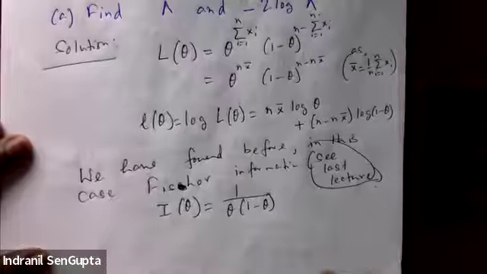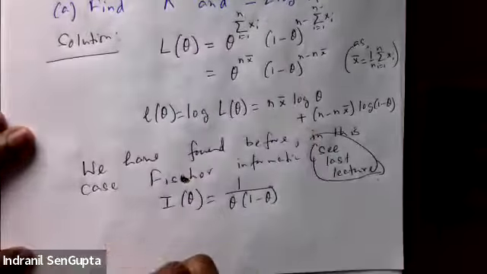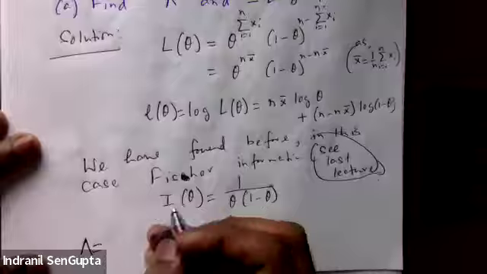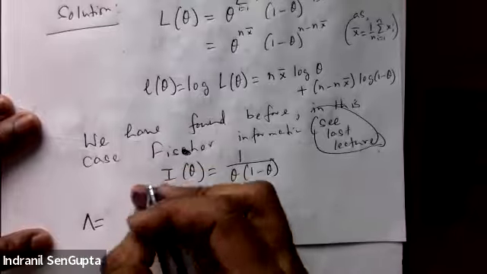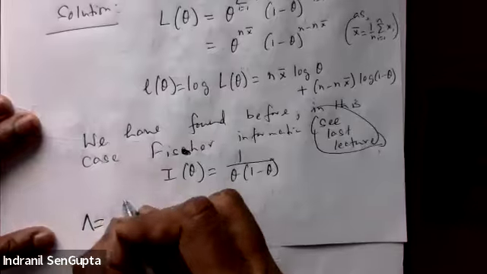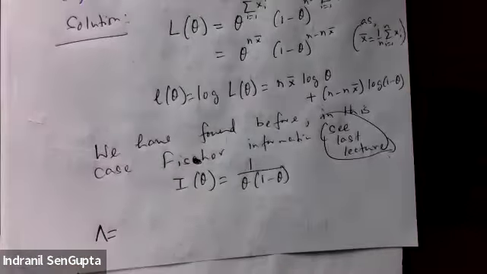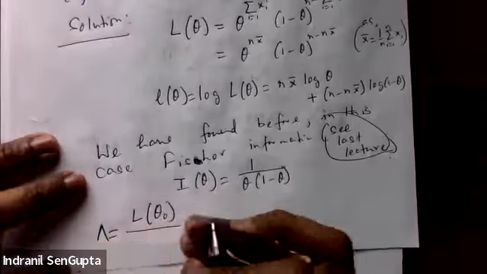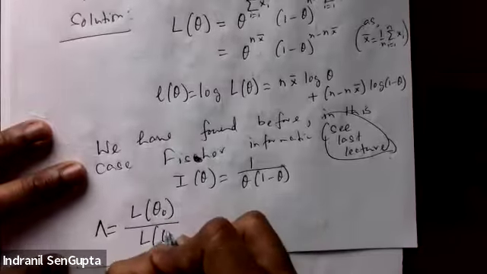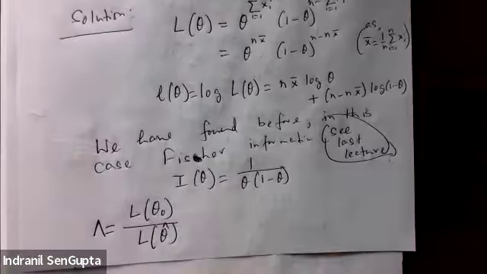Okay. Now, so let's find lambda. So what is lambda? I'll not need I theta for part A, but I just wrote it for convenience. So what is this quantity, lambda? This is really L of theta 0 over L of theta hat, right?